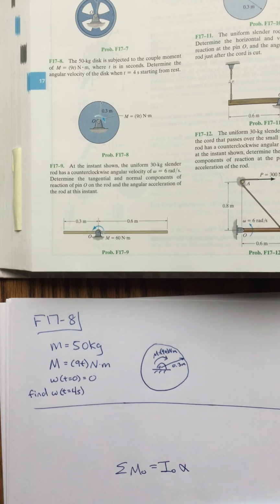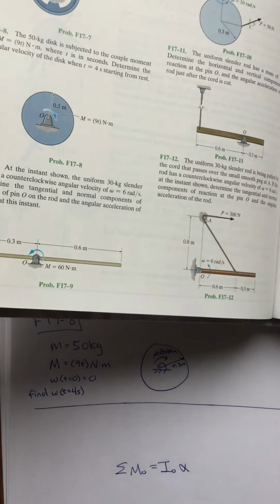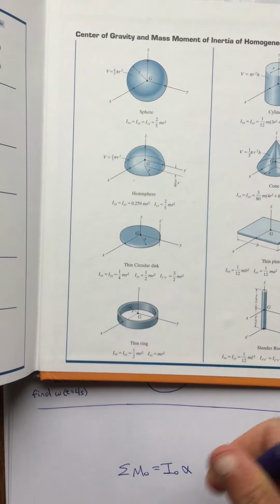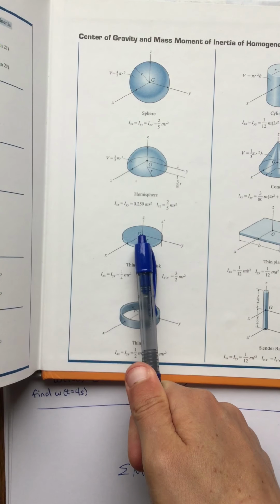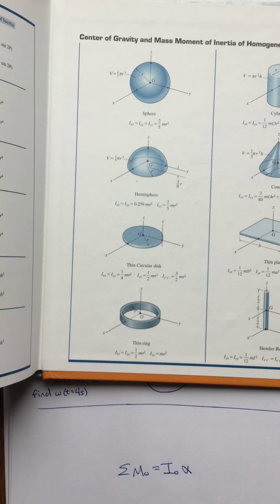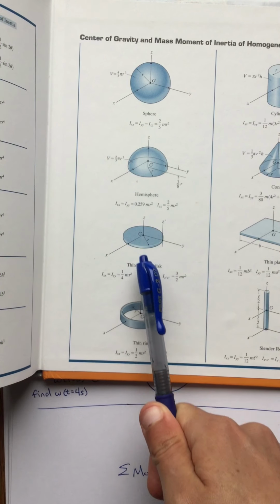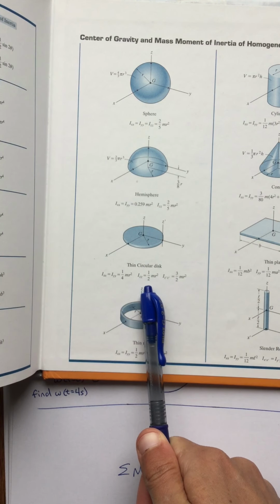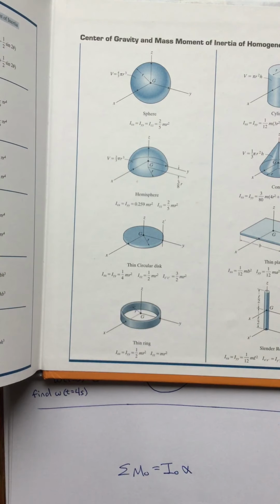I have to find the moment of inertia about point O, but in this problem they did not give me the radius of gyration, but that's okay because I know this is a disk, and so I can turn to the back cover, and for the thin circular disk, the moment of inertia for the z-axis, which is passing through the center of the disk, is 1/2 the mass of the disk times the radius squared.